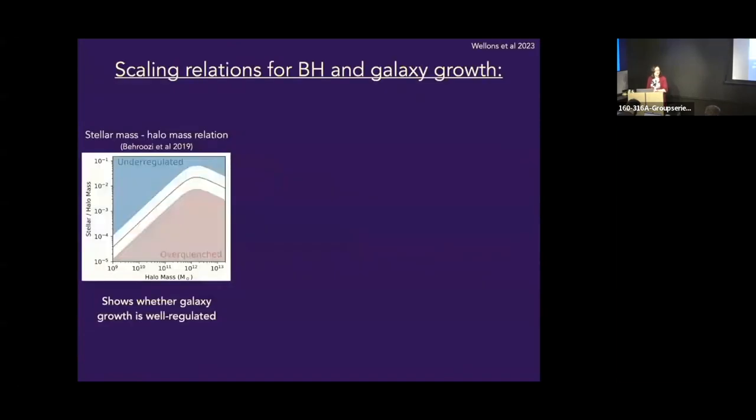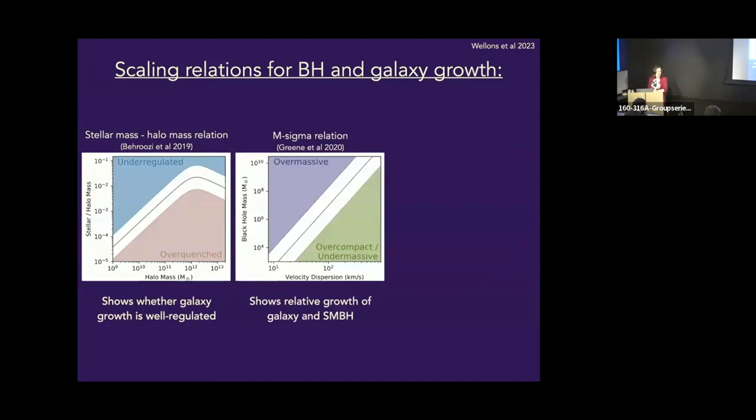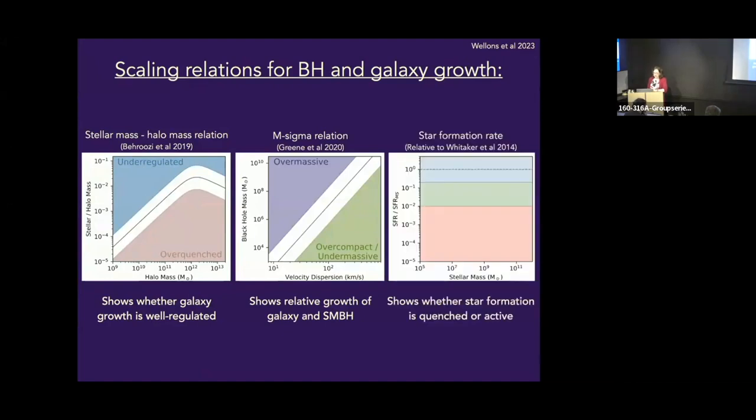And there's a few different ways that I'm going to characterize whether something is good, mostly by whether they can land on well-known scaling relations, like the stellar mass halo mass relation that tells us about the regulation of the galaxy growth, the M sigma relation, which tells us about the relative growth of the galaxy and the black hole, and the star formation rate, which tells us whether the galaxy has been quenched or whether it's actively star forming.